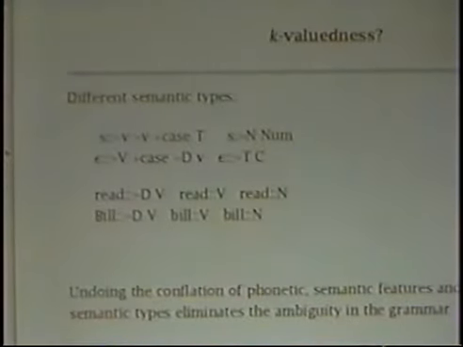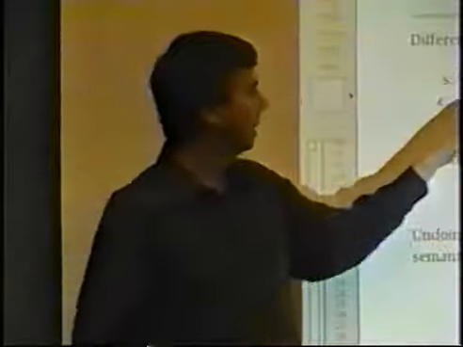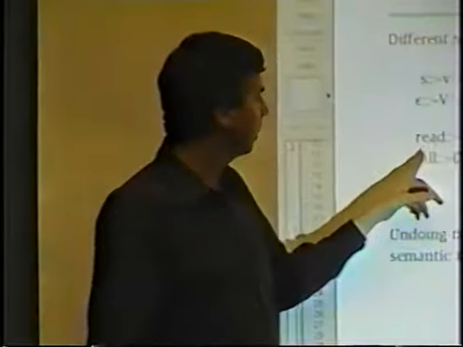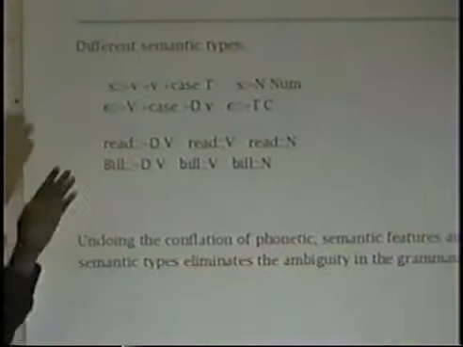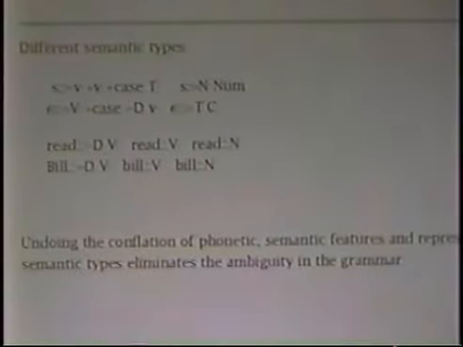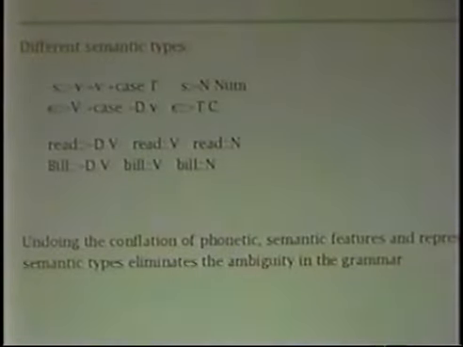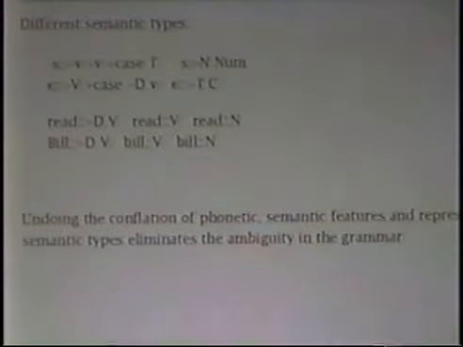So if we pull apart the phonetic, that is the orthographic, and semantic features, and represent semantic types in the lexical item, so if we enrich them so that they have, say, an orthography and a semantic type, suddenly the grammar here is no longer ambiguous. So there's a hope that the syntactic ambiguity is resolved in a grammar that distinguishes elements based on semantic properties.